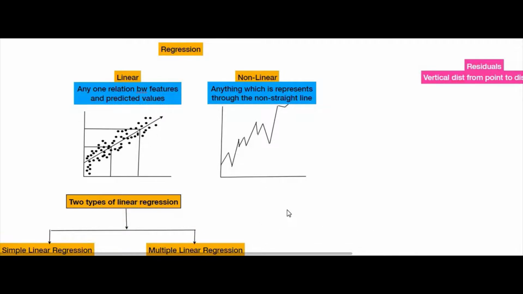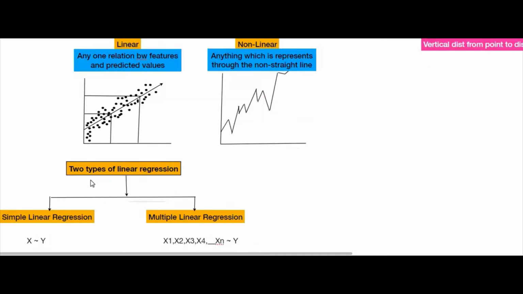In simple linear regression, we generally take only one predictor, and in multiple linear regression, we take multiple predictors for predicting a value. I will talk more about this when I do the coding part.